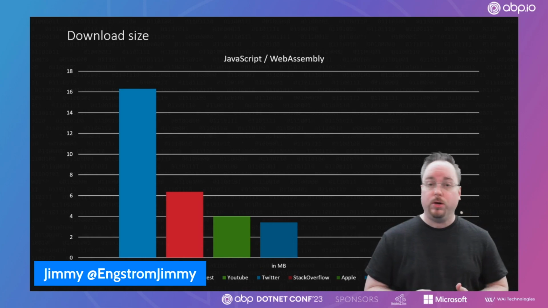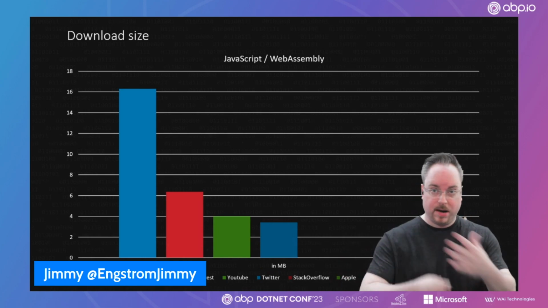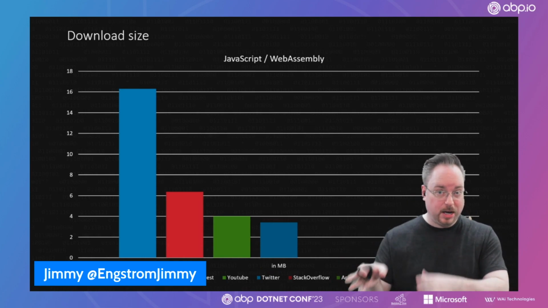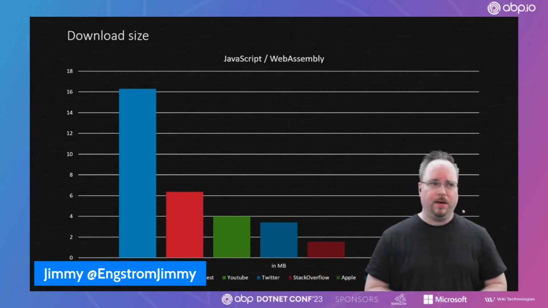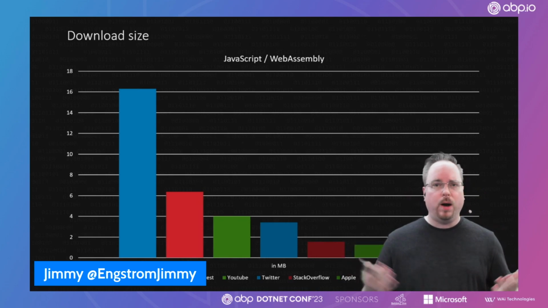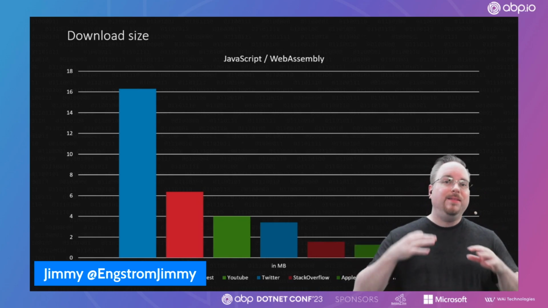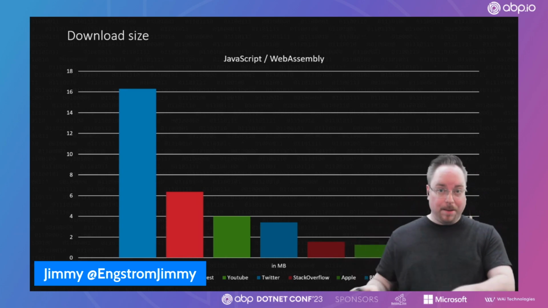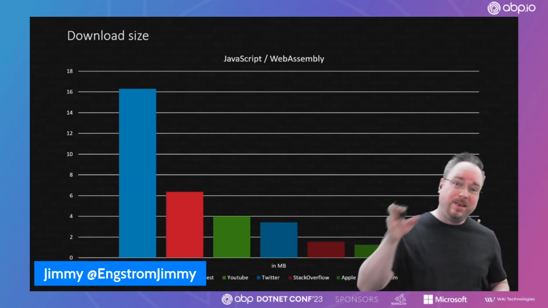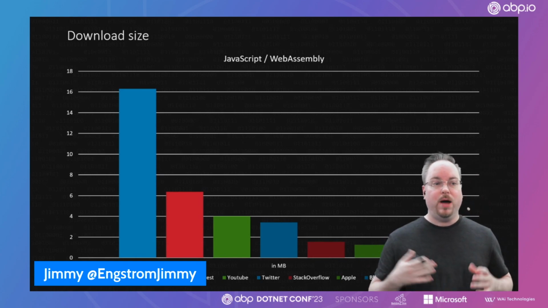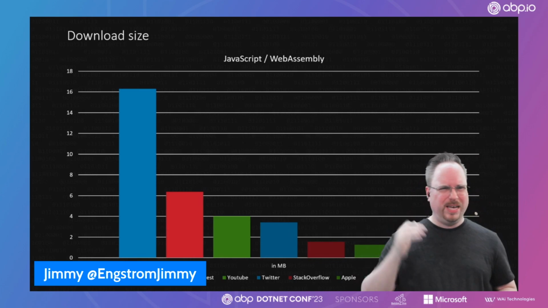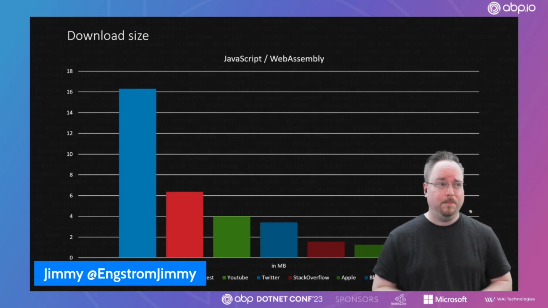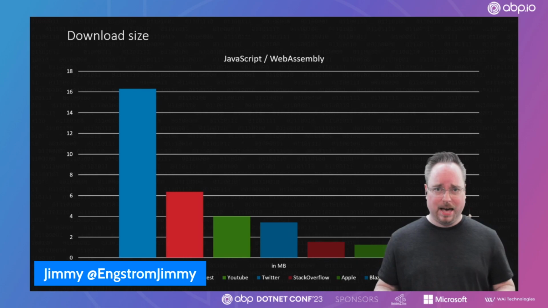Twitter had 3.4, and I'm sure since they're adding functionality all the time that number isn't lower now. Stack Overflow has 1.5. Apple had 1.2. And the out-of-the-box demo for Blazor back then, I should say, was around 1 megabyte. And I think it's actually under around 700 or 800 K now. So things have definitely happened when it comes to Blazor.